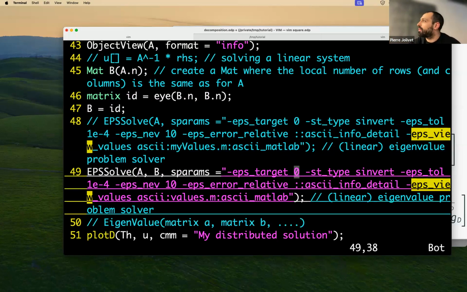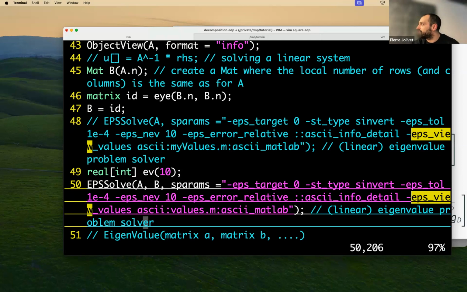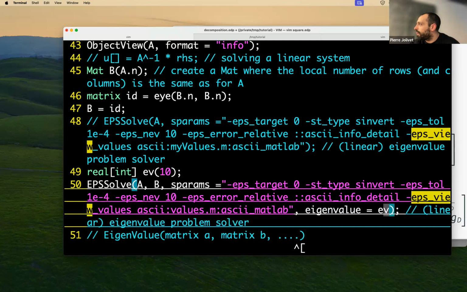So before this call, you can define, for example, real int EV of size, let's say I compute 10 eigenvalues, and then I can put as an additional parameter, so I always get the API wrong, but that's okay. I think it's something like eigenvalue equal EV.